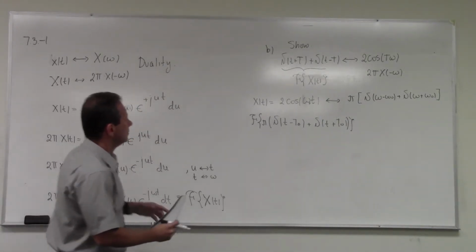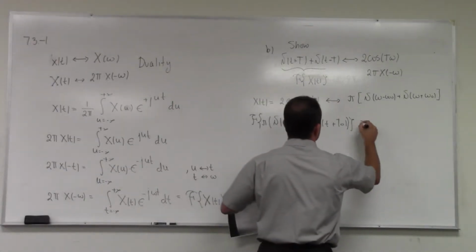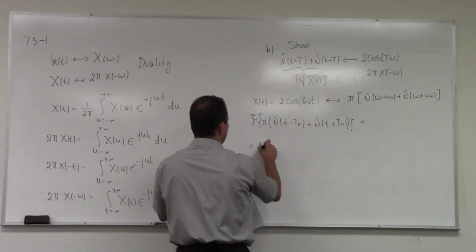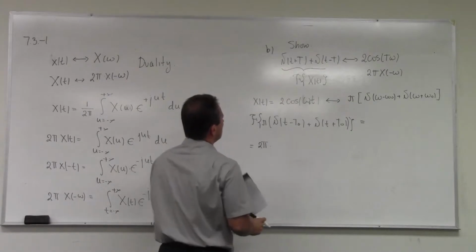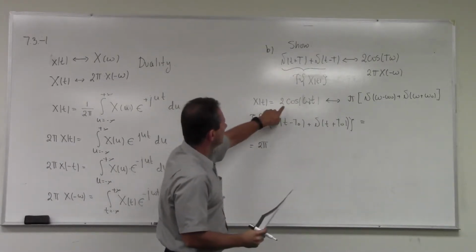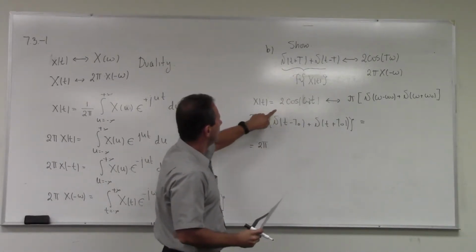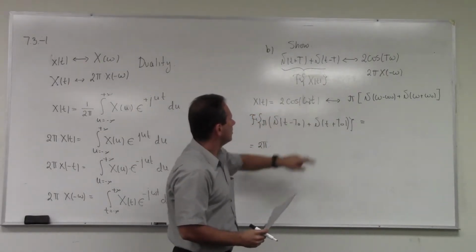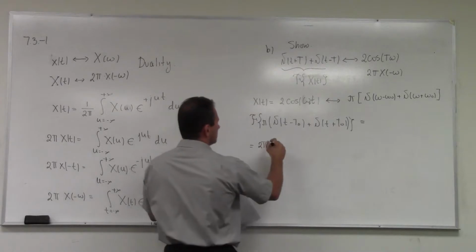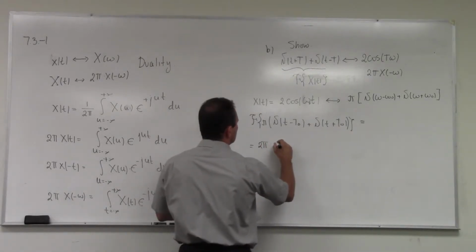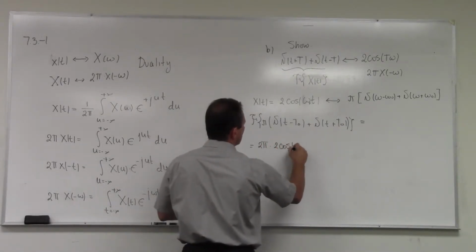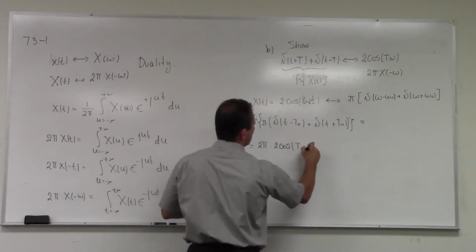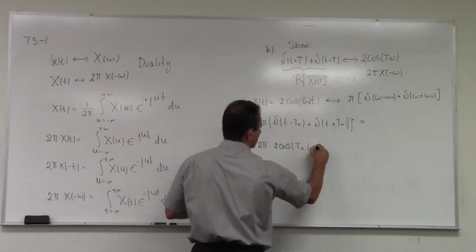According to the duality theorem, this is going to be equal to 2 pi times the appropriate x function here, where instead of t, I put minus omega. So this becomes 2 cosine t0, and instead of t, I put minus omega.